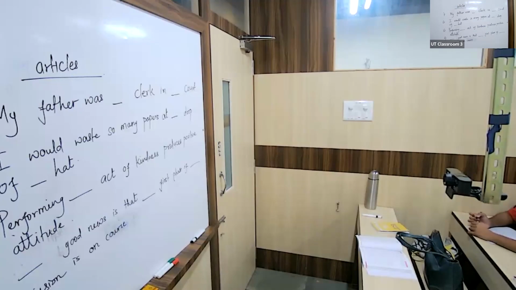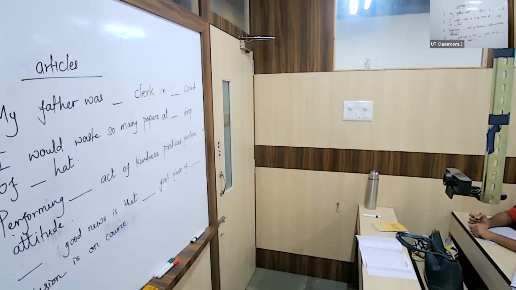I have few money. I have few sweets. Means I have very little. Then if I say I have a few sweets, matlab I have maybe thoda hai, thode sweets hai.